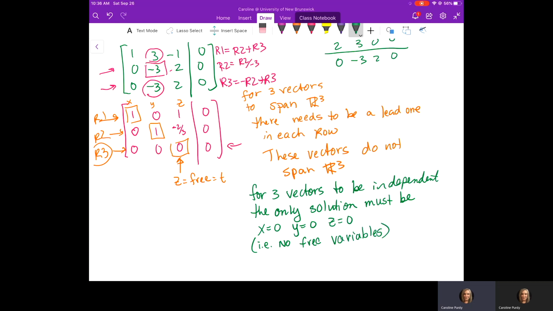And for this instance, there are free variables, so the solution is not going to be only that. In fact, the solution to this system is x plus z equals 0, that's from the first row. And the second row, I get y minus 2/3 z equals 0. And I know I'm going to let z equal t.